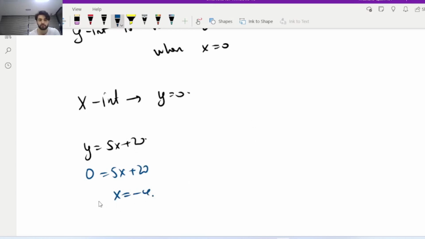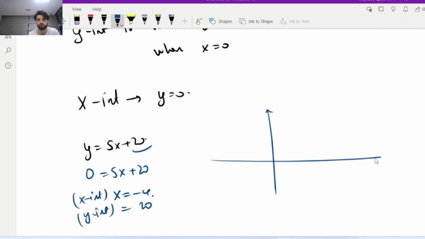From here, we know that this one is x-intercept, and y-intercept we can say it is equal to 20. So here is -4, here is, let's say, 20, and we just put one line that passes through both of them.